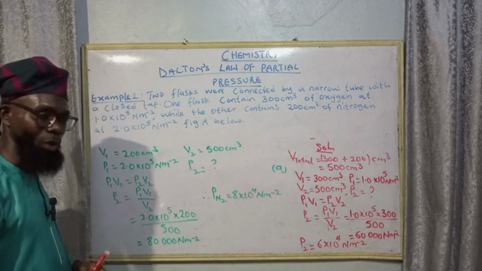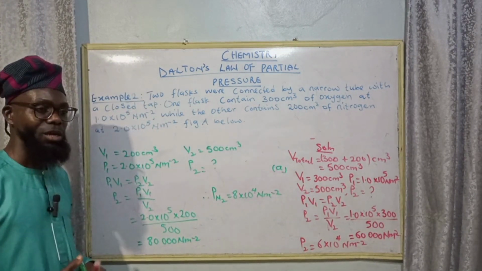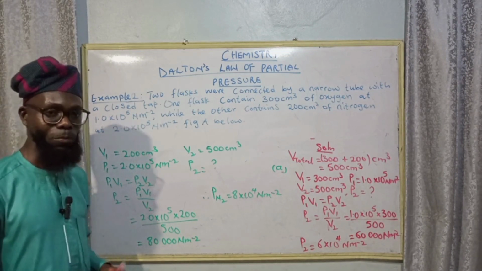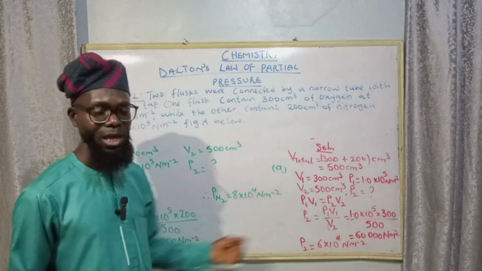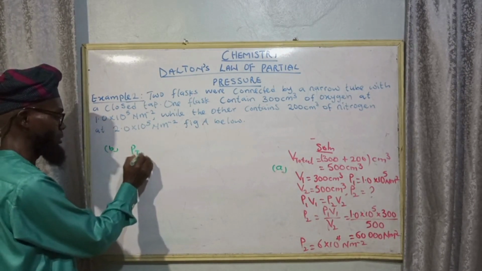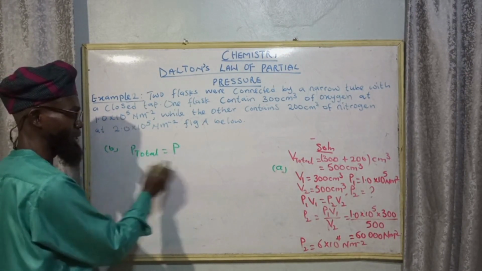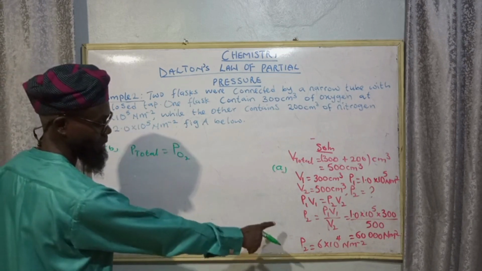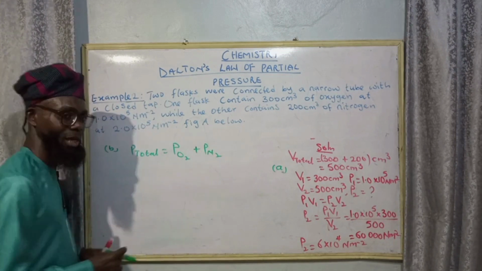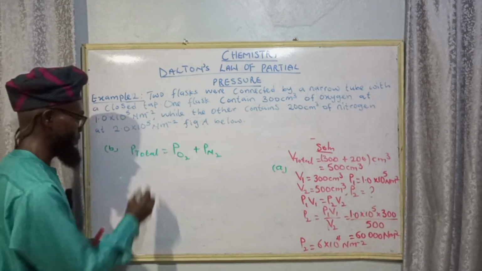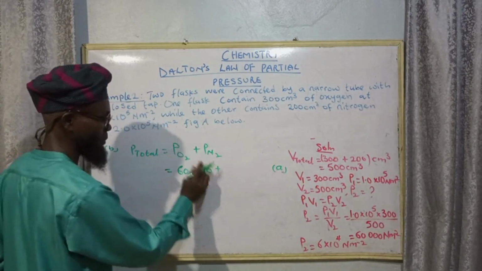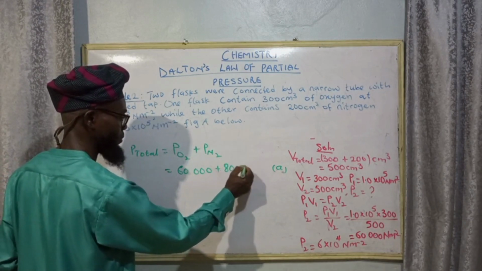Now question B, we are asked to find the total pressure. And don't forget your total pressure will equal the sum of the partial pressure of oxygen and that of nitrogen. So question B, total pressure will equal the partial pressure of oxygen, that's our P2 here, plus the partial pressure of nitrogen, the one we got earlier, that's 80,000. So for oxygen we have 60,000, plus for nitrogen we have 80,000.